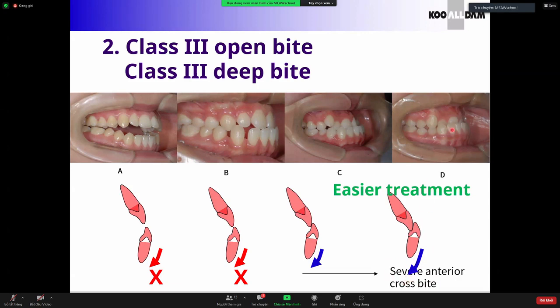However, in this case, moving the lower jaw backward, and then we can achieve easier treatment. However, in class 3 open bite, the patient already has the long face. So it is not easy to increase vertical dimension.